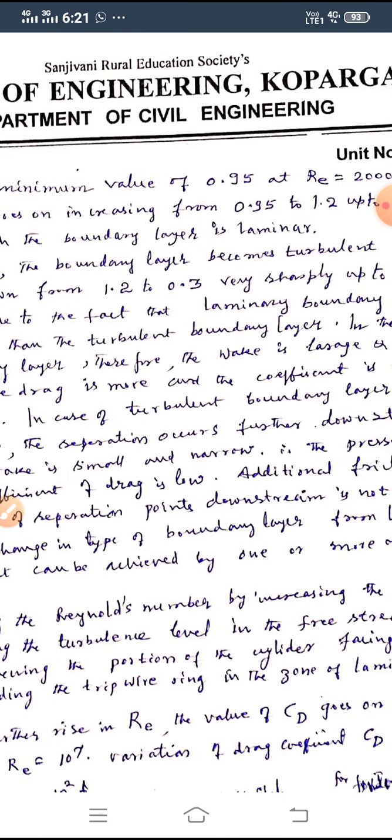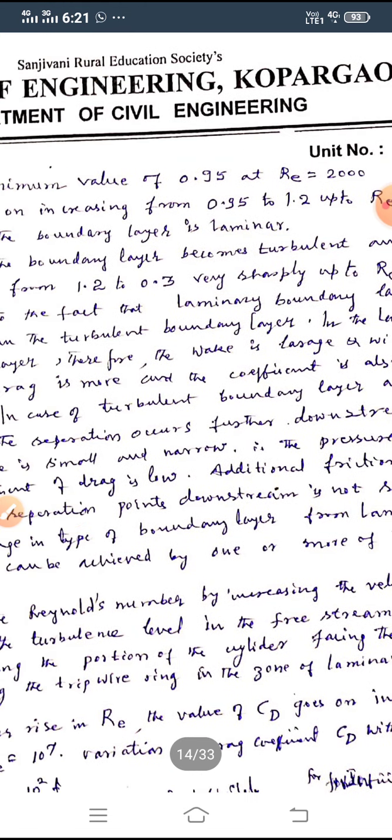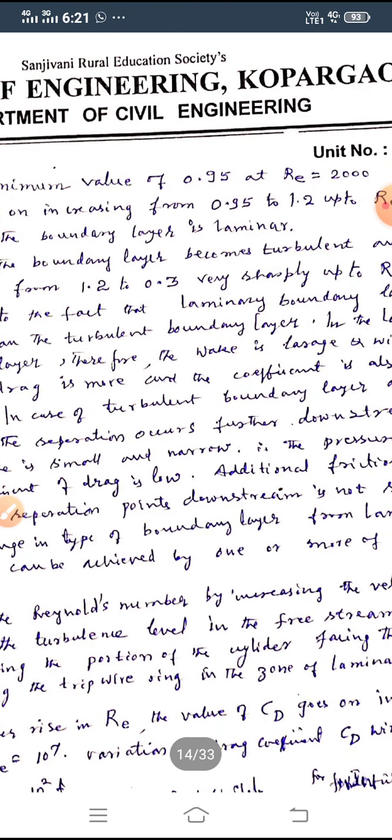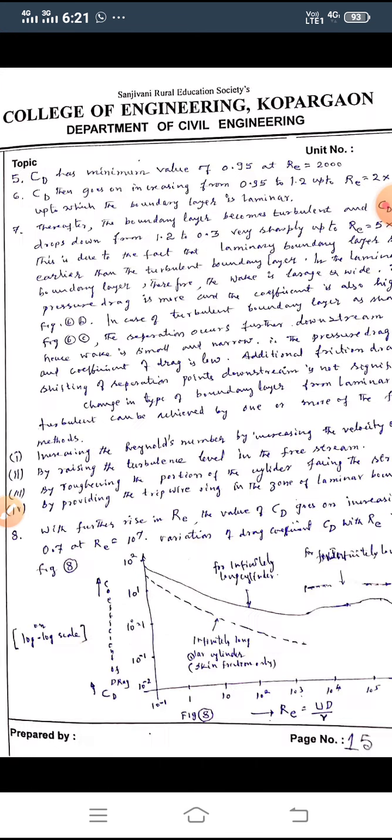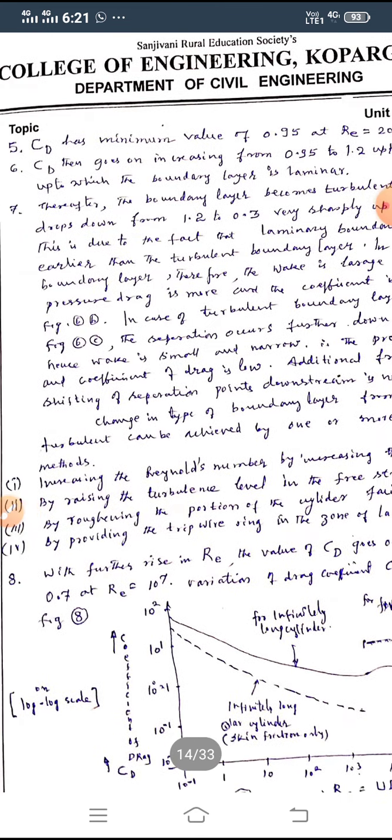Thereafter, the boundary layer becomes turbulent when the CD value drops down from 1.2 to 0.3 very strongly when the Re value is 5 into 10 to the power of 5.